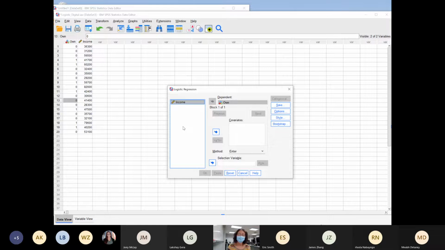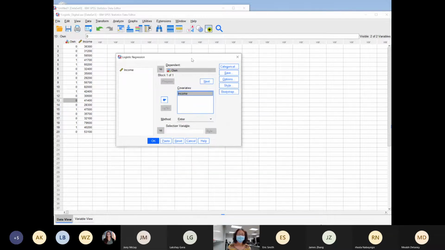In logistic regression in SPSS, they call it covariate. It is actually our X, or independent variable. And click the Save button.